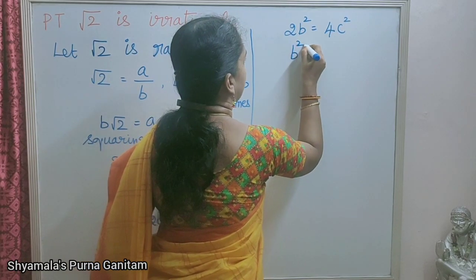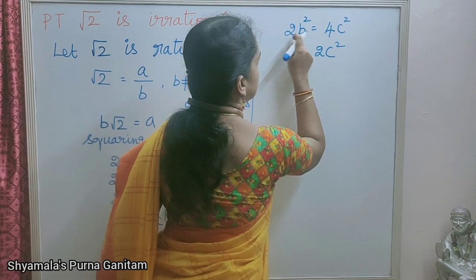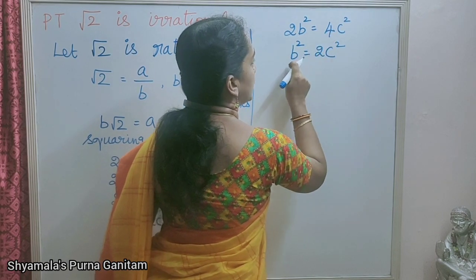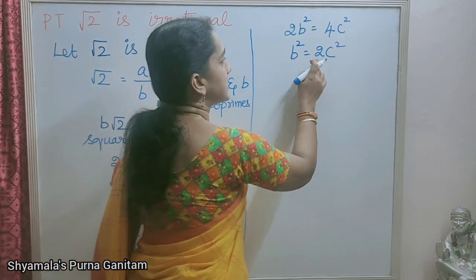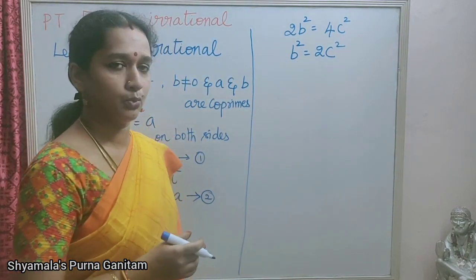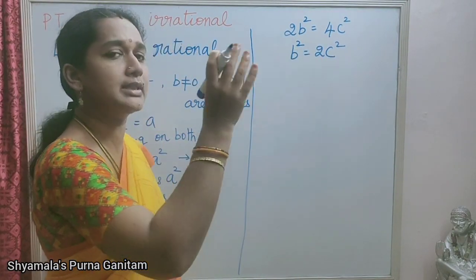When we simplify this, the 2 and 4 get cancelled, and we get b squared is equal to 2c squared. That is, b squared has a multiple of 2, 2 into some value.